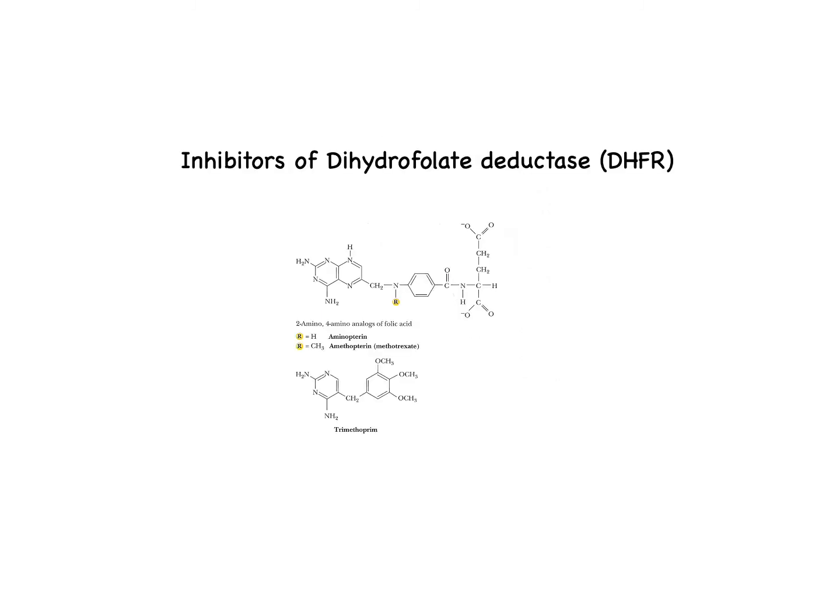Anyway, there are a number of molecules that inhibit dihydrofolate reductase. Three shown here, two at the top that vary just at this position R, where the R group is. If there's a hydrogen there, it's aminopterin. If there's a methyl group, it's amethopterin, or more commonly called methotrexate.